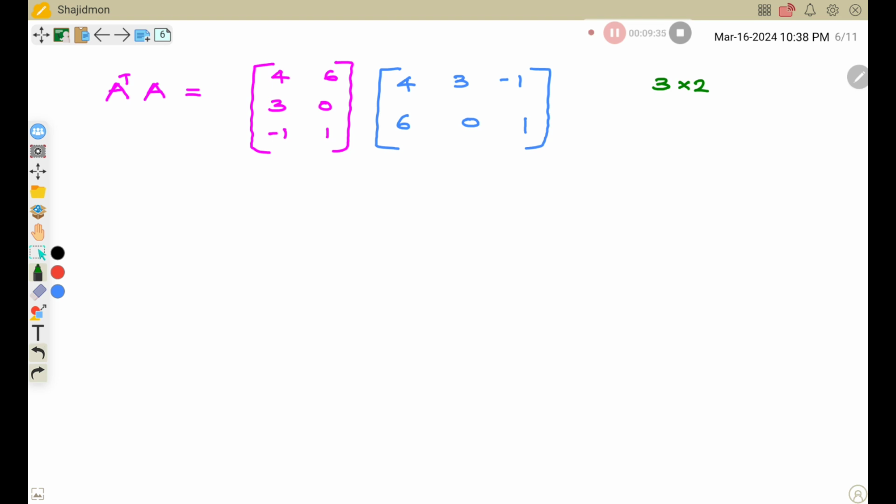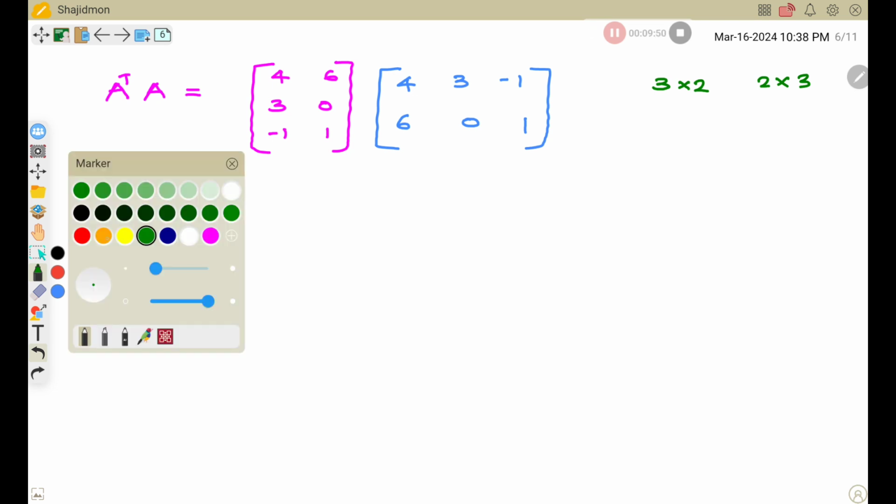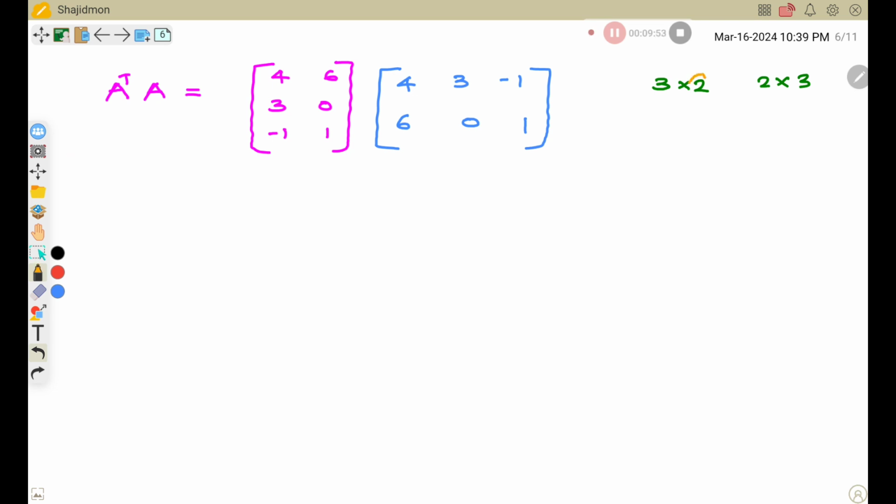The second matrix has 2 rows, R1 and R2, and column 1, column 2 and column 3. That means it is a 2 by 3 matrix, correct? Now if you need to multiply two matrices, the second number of the first order should be the same as the first number of the second order. It should be the same, then only we can multiply, correct?